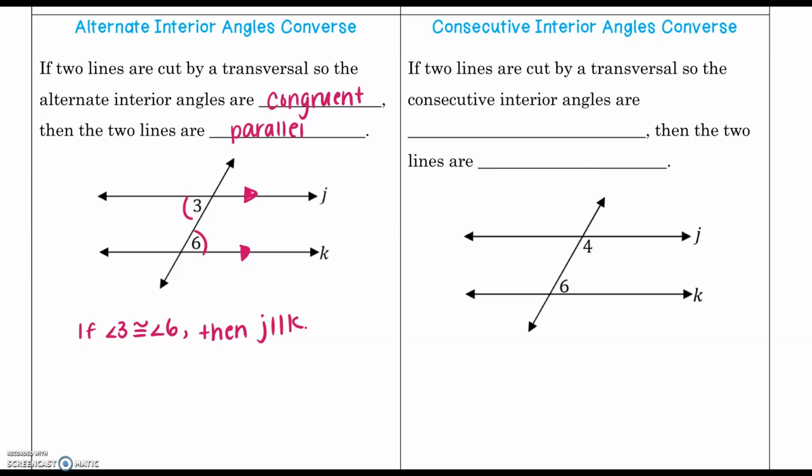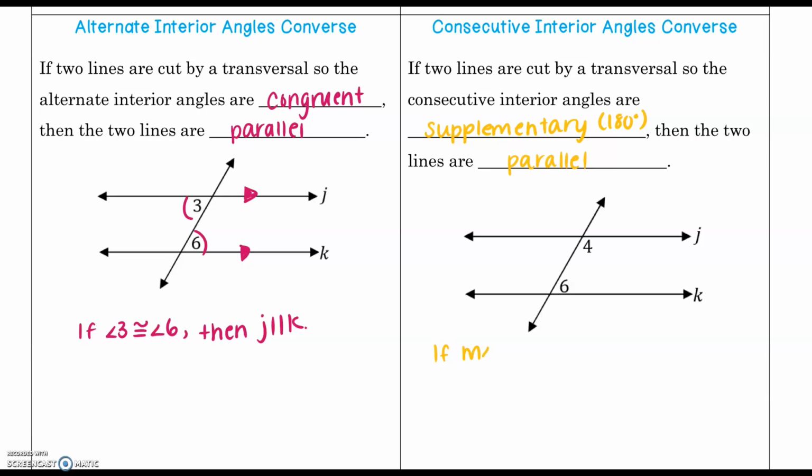Lastly, we have our consecutive interior angles converse. If two lines are cut by a transversal so that the consecutive interior angles are supplementary, right? They add up to 180. Then the two lines are parallel. So here we know that angle 4 and angle 6 are consecutive interior angles.